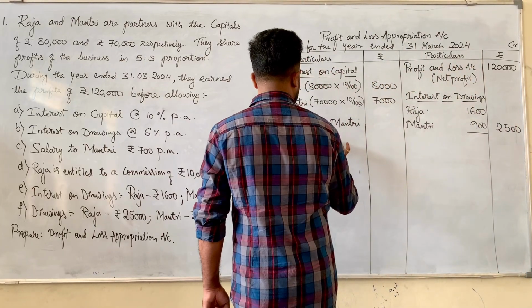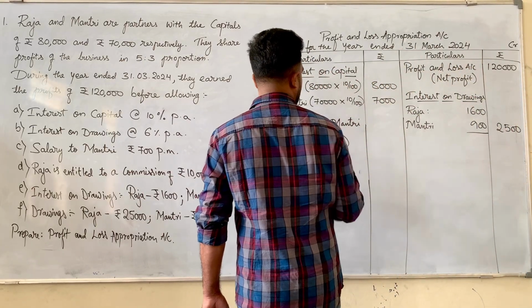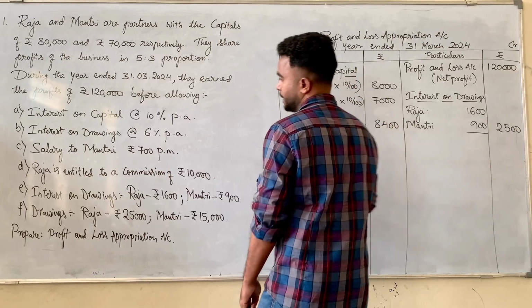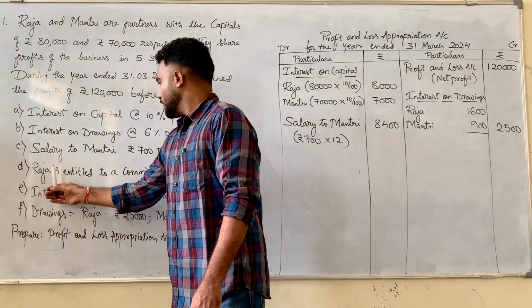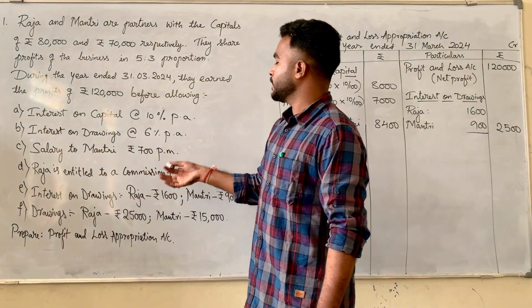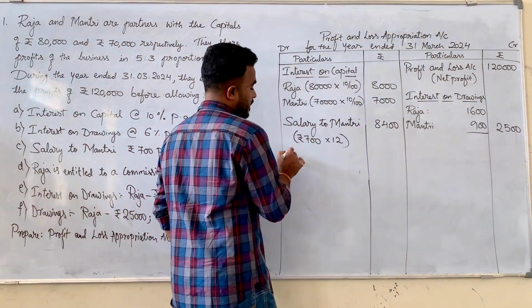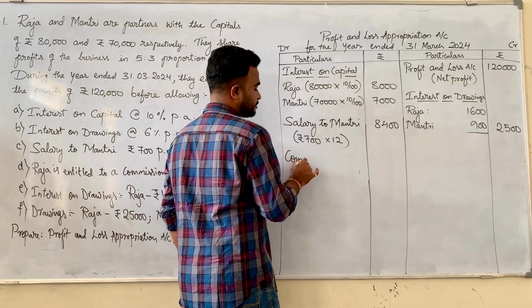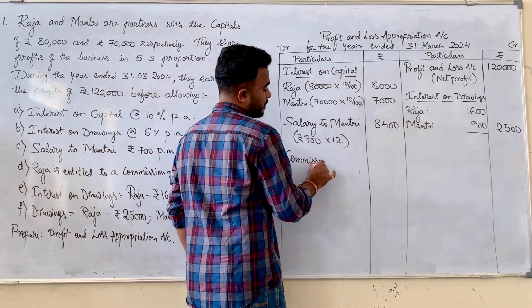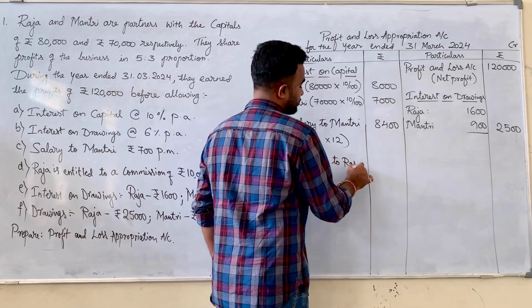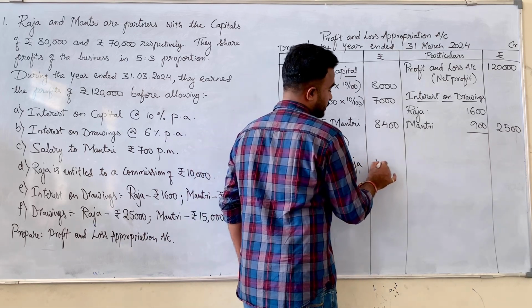So 700 per month into 12 is equal to 8,400. And next, Raja is entitled to a commission of rupees 10,000. Again this side, commission to Raja, amount 10,000.